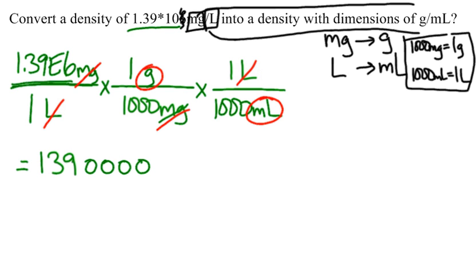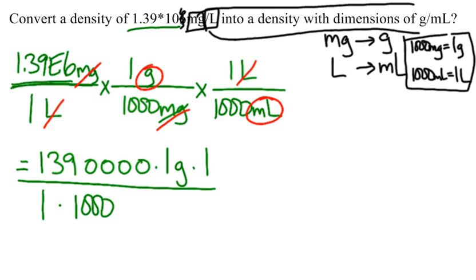So I end up with 1.39 million, or 1,390,000. Okay, and there's no unit here, right? Because I canceled out milligrams, times 1 gram times 1, okay? And I put that over 1 times 1,000 times 1,000 milliliters, okay?